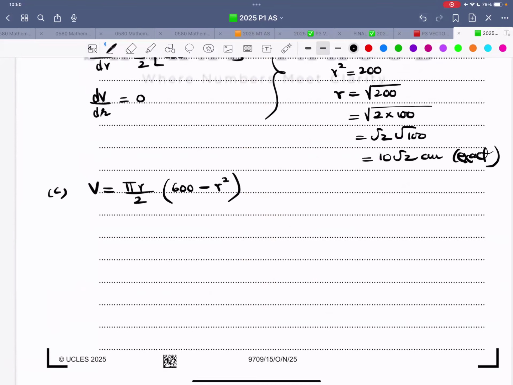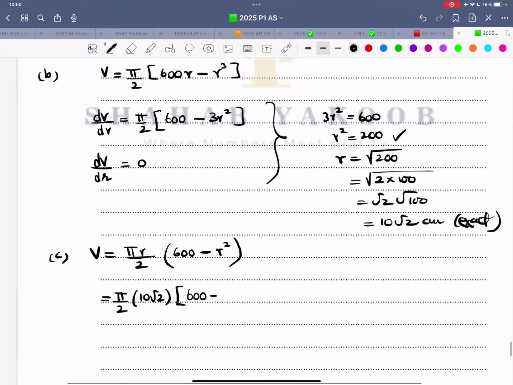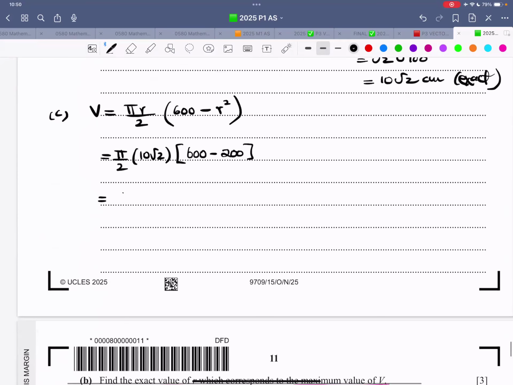So first of all, pi as it is, 2 as it is, r is 10 root 2, and this is 600 minus r squared. r squared is 200. Got it? So that is pi over 2 into 10 root 2, and this is 400.